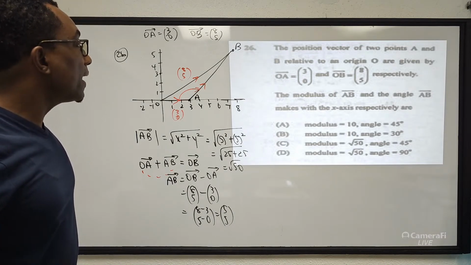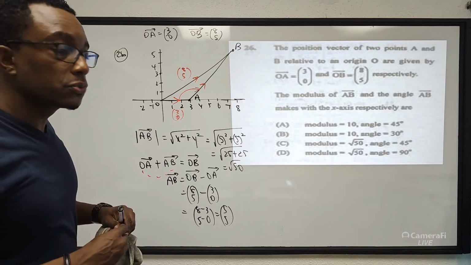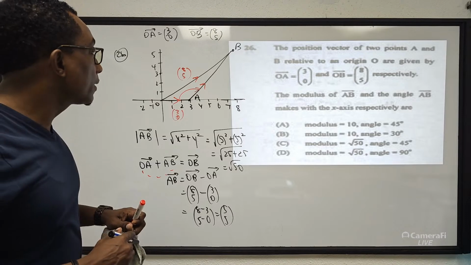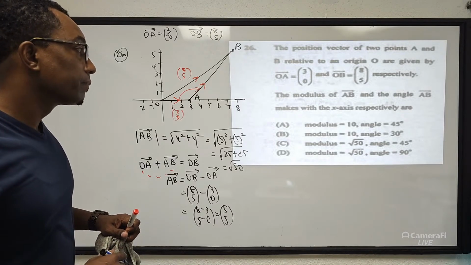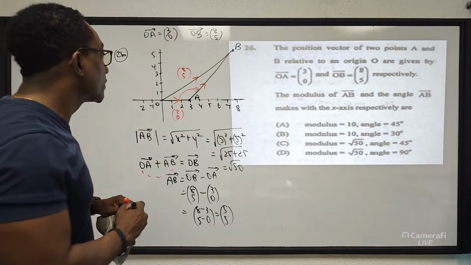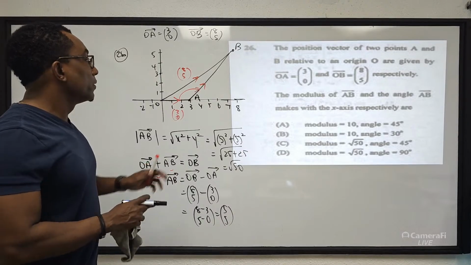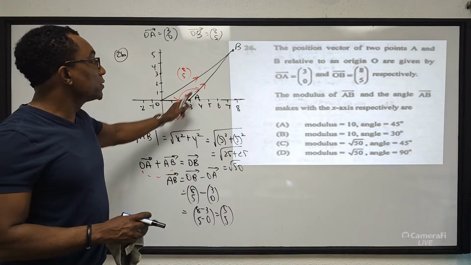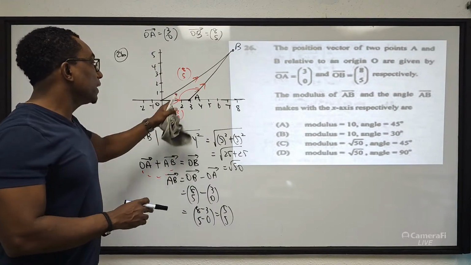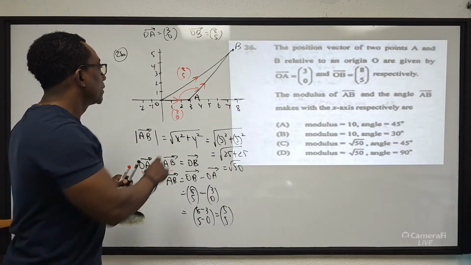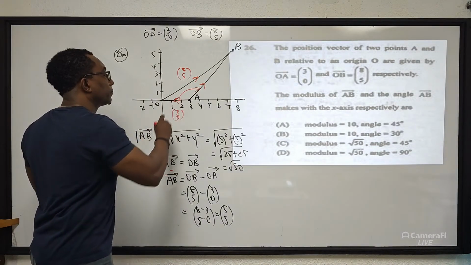So if you have to find an angle between two vectors, then what we're going to do is use what we call a dot product, scalar product, to help us to find the angle between those two vectors. Yeah? And this will be what? Of course, this will be vector. Now the only thing is, when you're finding the angle, the two vectors must move either outwards or inwards. So I'm going to change this to vector AO.